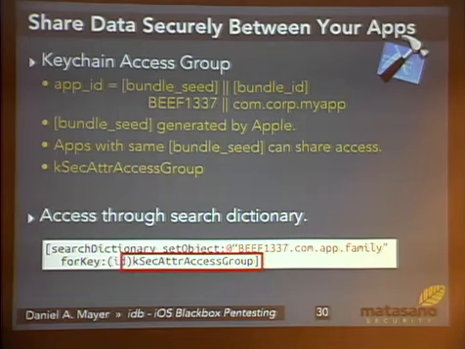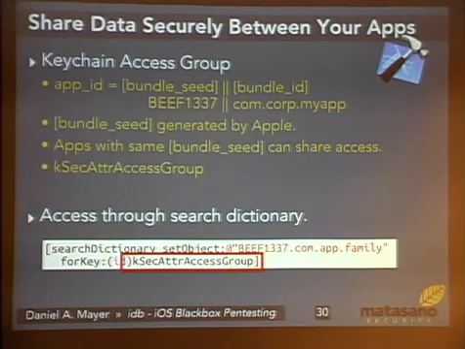And the way this is made secure is that every app ID in iOS has a bundle seed and a bundle ID. The bundle seed is something which Apple generates for you, so they make sure that no two people have the same bundle seed. The bundle ID is just what you choose, something like com.company.myapp. And anything which has the same bundle seed in the entitlements can actually access the same data.